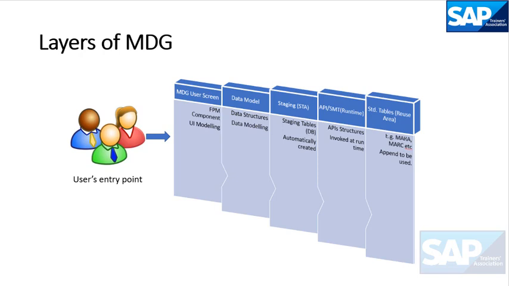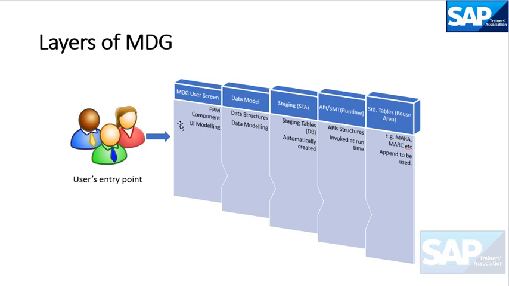So the different layers of MDG are, first of all, the MDG user screen, which appears to users, and that's how they interact. They fill the data on the user screens. So definitely we would need a field there, or whatever custom field we want to put.